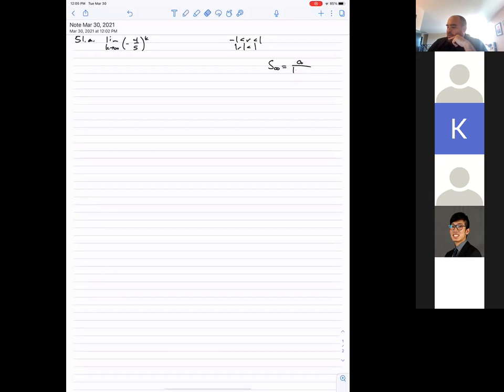So hold that thought, because in part B we're going to get the sum of this series if it converges. But for determining whether or not the sequence converges, we don't need that yet.